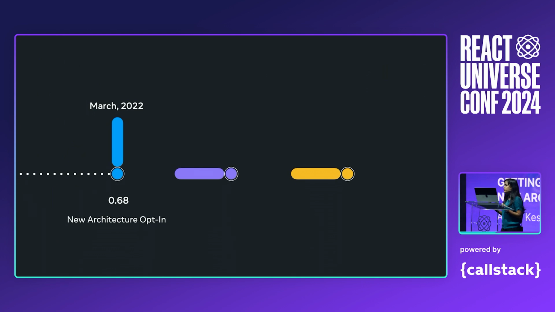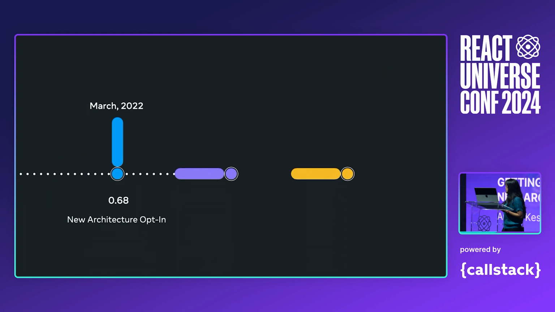So we gradually introduced improvements to the new architecture so as to make it easier for you to adopt, like a C++ less template, or by adding the Interop Layers that let you actually use some of the APIs that you were using in the legacy architecture in the new one.